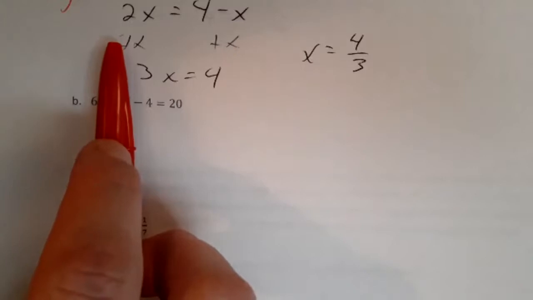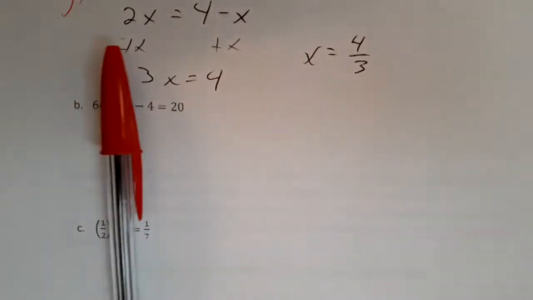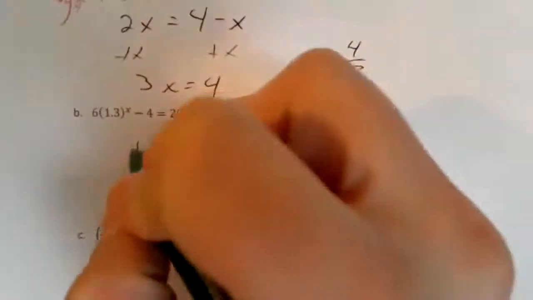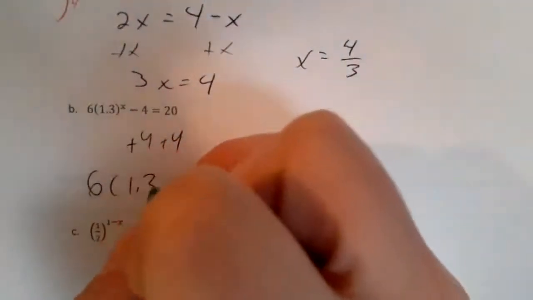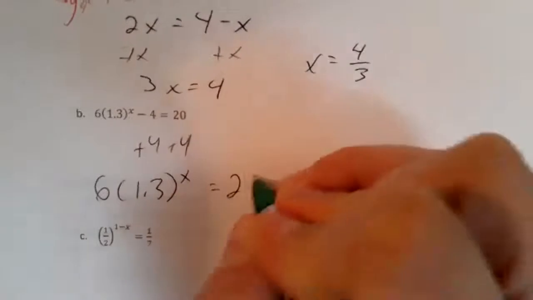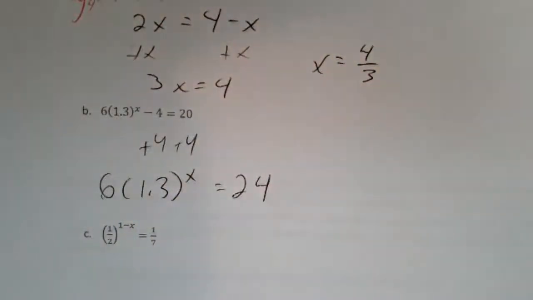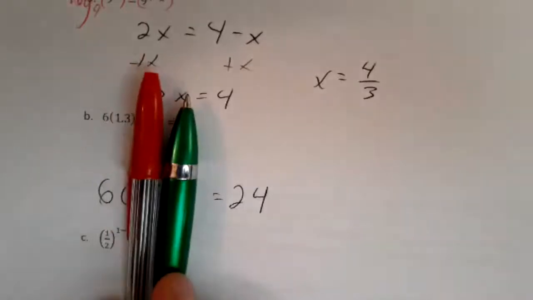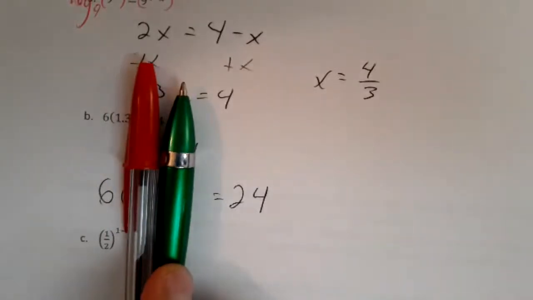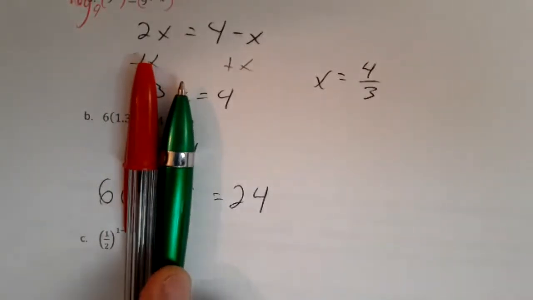And if I'm solving this, the first thing I'm doing is adding that 4 to the other side. So we get 6 times 1.3 to the x is equal to 24. Same thing here. Now if I'm looking at this whole exponential as a variable, 6 times my variable is going to be equal to 24.